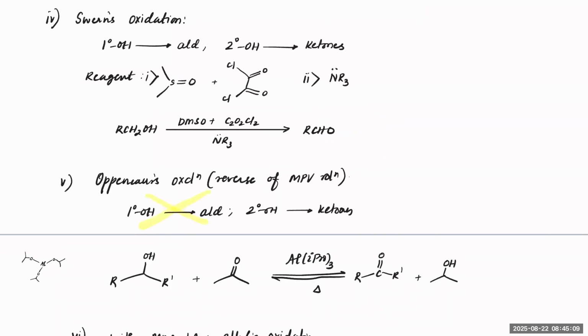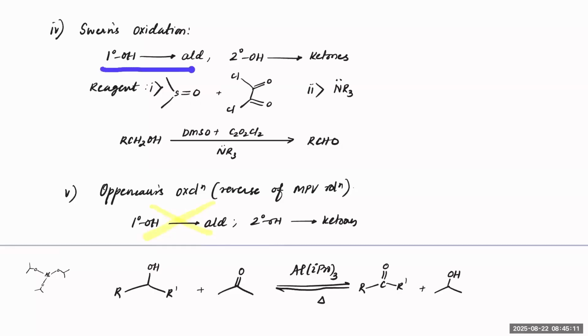Yes sir. Next, Swern oxidation. This one will also give you 1 degree to aldehyde, 2 degree to ketone, 3 degree no reaction. There are 3 reagents that are to be clubbed and used here. One is DMSO, the other one is oxalyl chloride. This is oxalyl chloride.